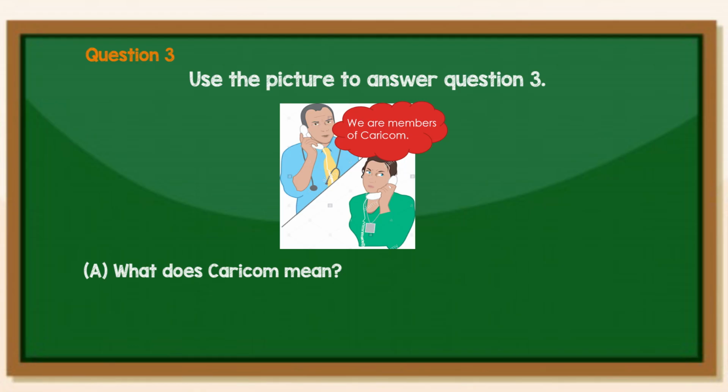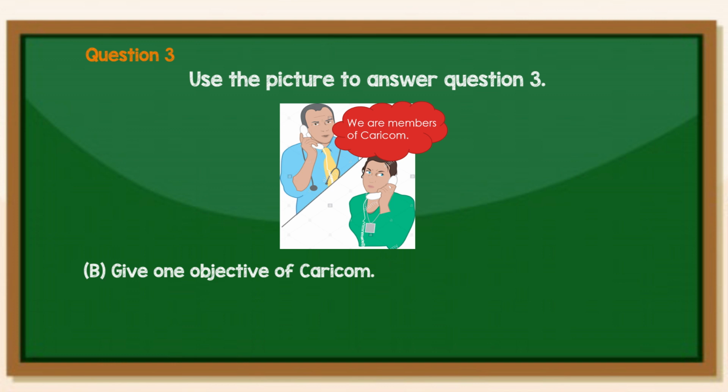Question 3. In the picture, we see two persons communicating by telephone, and one is saying, we are members of CARICOM. A says, what does CARICOM mean? Answer: CARICOM means Caribbean Community and Common Market.